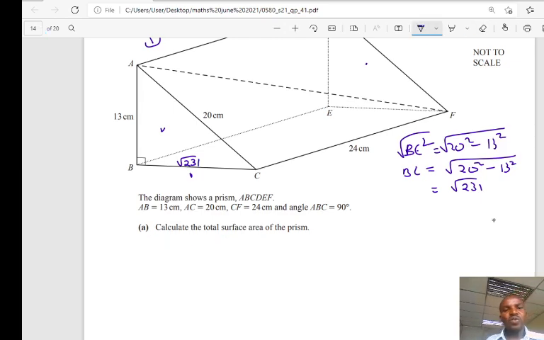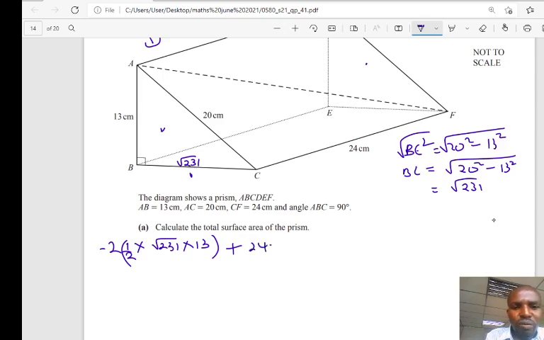Area of this triangle is half base times height, which is base square root of 231 times height 13. Since there are two triangles, times 2. Then plus area of the base. Area of the base is 24 centimeters length times width. It's a rectangle. So it's 24 times root of 231.